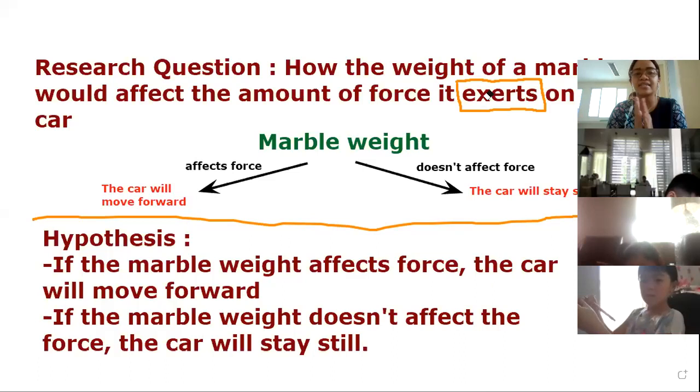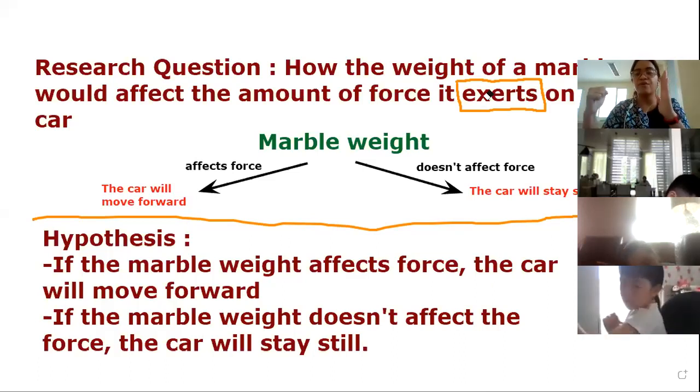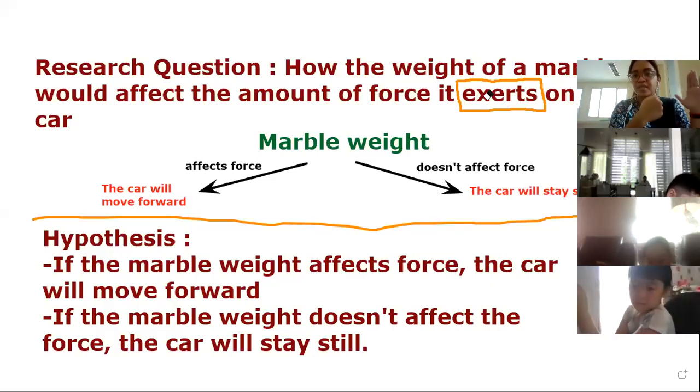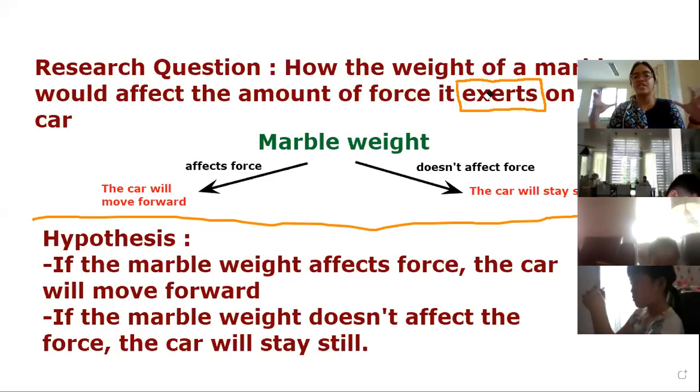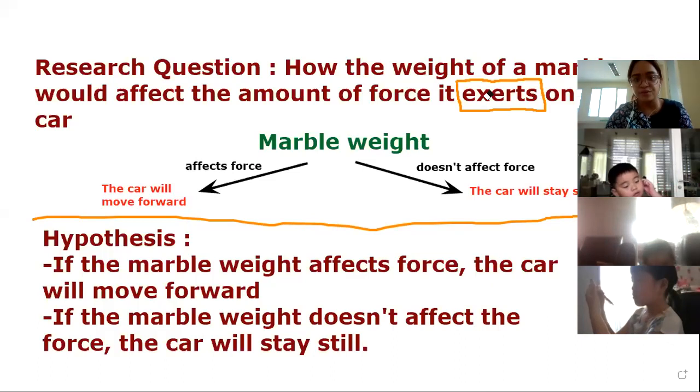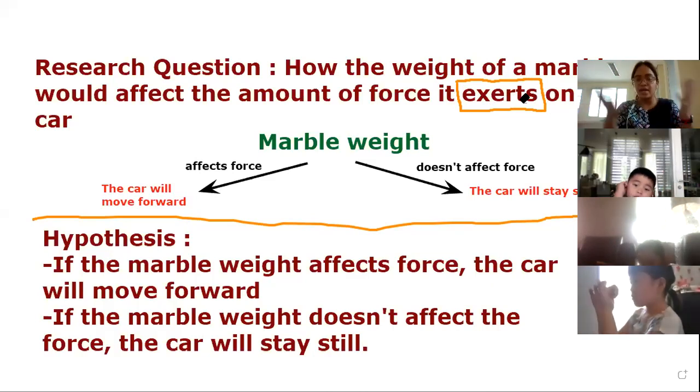Exerting force is like putting out force. When you have a force and that force is doing something to the object, whether it's to move it, to change the shape, or to do something, it means it's exerting the force on this object. So it's like adding force to an object. Don't get confused with this word. Exert means just adding force to that object.